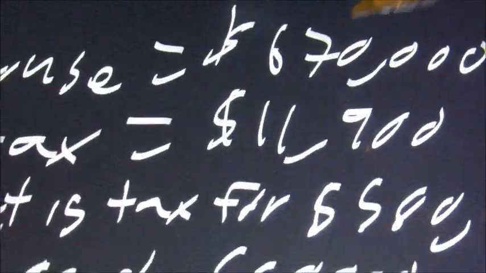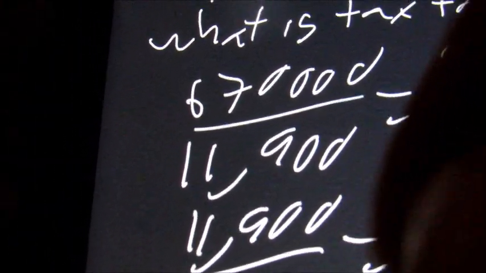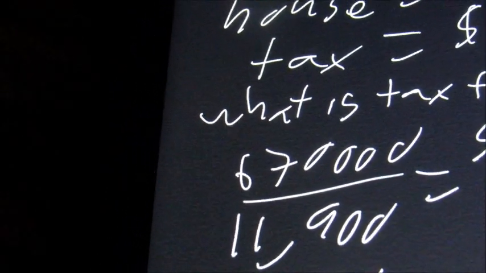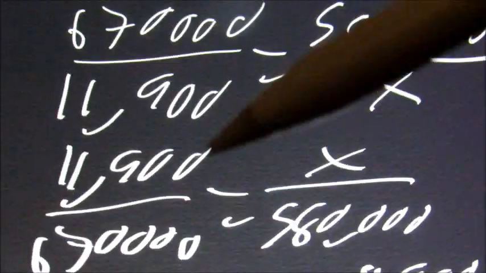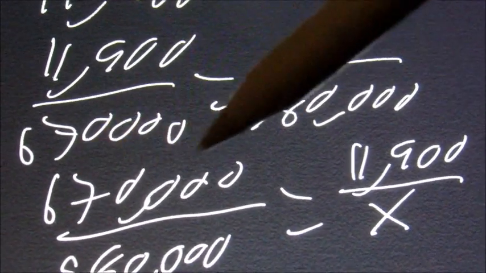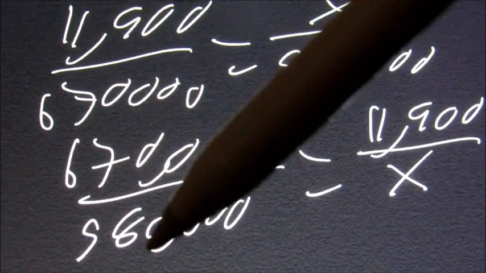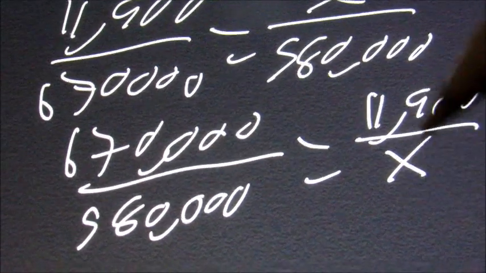Another way that we could do that is to put the houses as the fraction. So I'm going to put the 670 on top, which means I need to put the 11,900 on top. So 670,000 over 580,000 equals 11,900 over X. So here, I still have the ratios because I have the houses together and the taxes together, and on top, I have the first house along with its tax, and on the bottom, I have the new house with its tax.